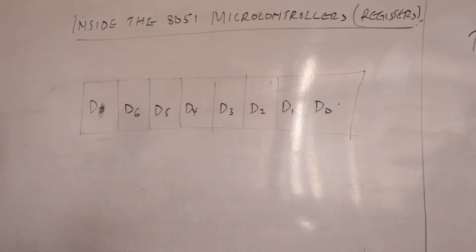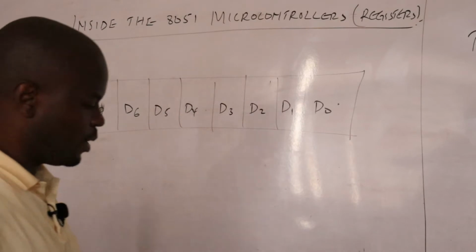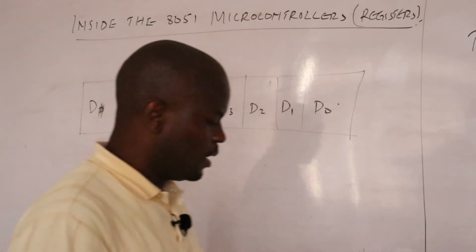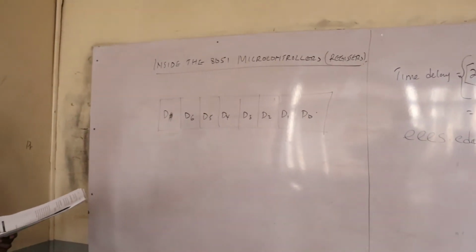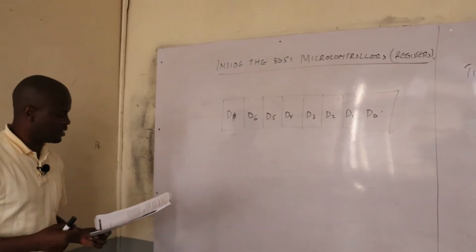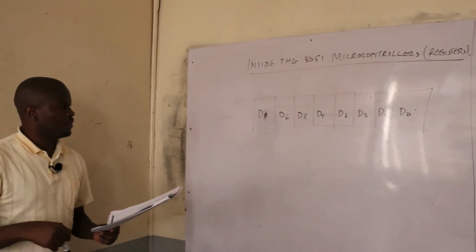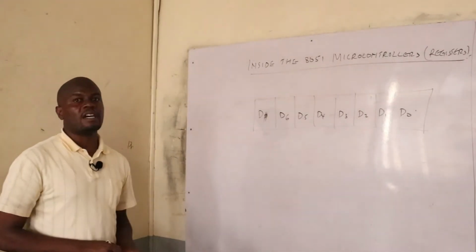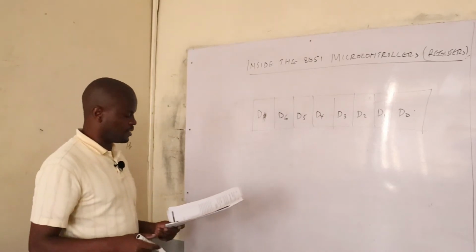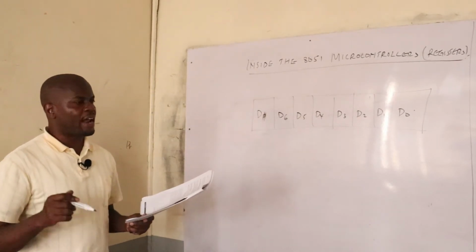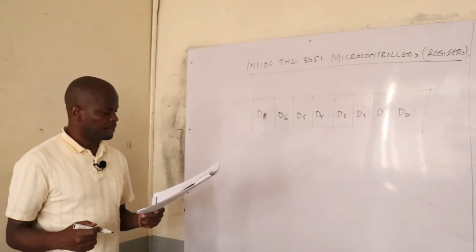The registers are always used to store information temporarily. This information could be a byte of data that is supposed to be processed, or an address pointing at the data to be fetched. The majority of the 8051 registers, as we said, are 8 bits. What that simply means is that we are dealing with one data type, and that is 8 bits of data.